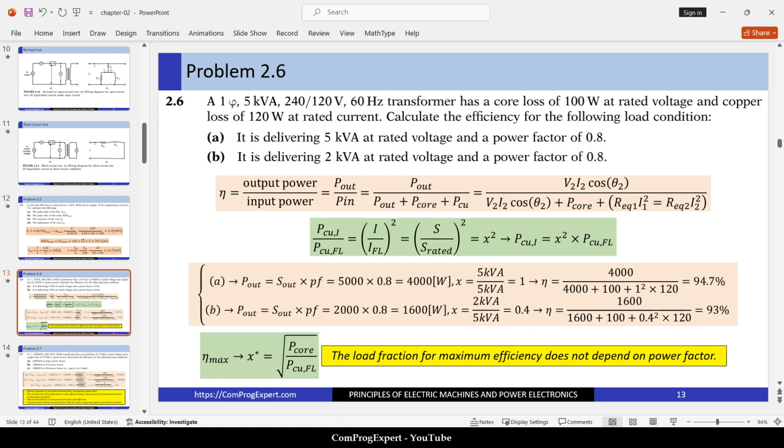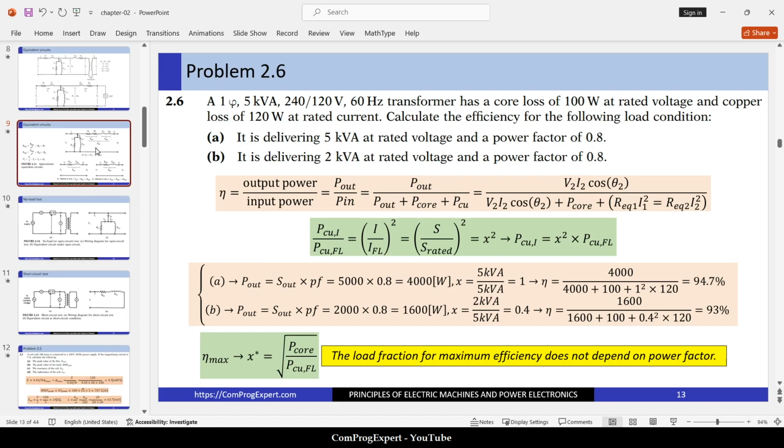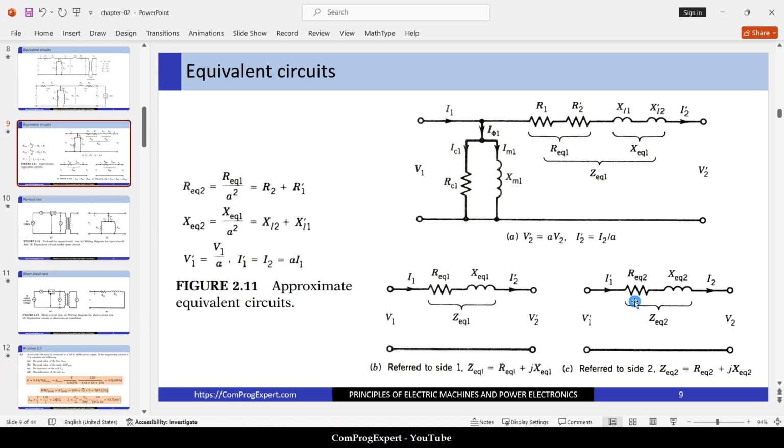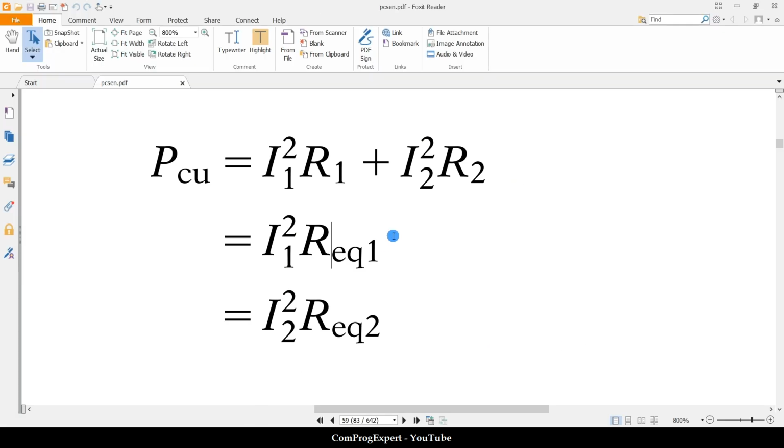We had these two equivalent models for transformers also. R equivalent 1 is the referred equivalent resistance to side 1, and R equivalent 2 is the referred equivalent resistance to side 2. So we have these equivalent calculations.